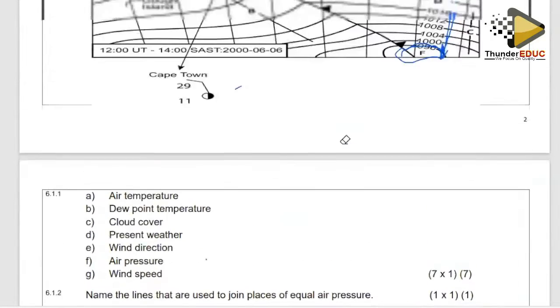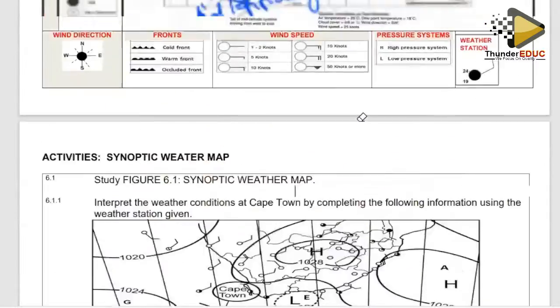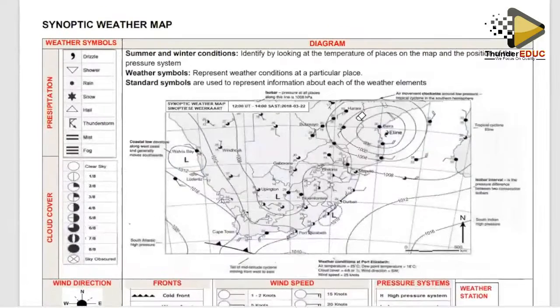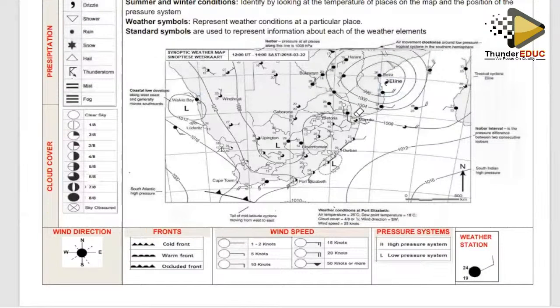So basically, I think we have touched on the key aspects of synoptic weather maps. We've also tried to elaborate on some key concepts which are of paramount importance towards your understanding of the reading and the interpretation of synoptic weather maps.